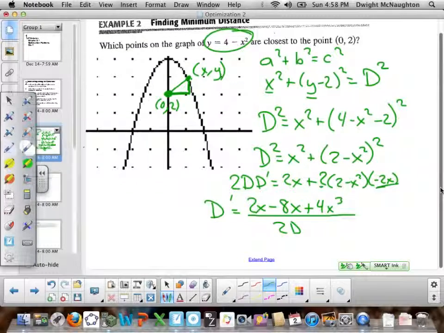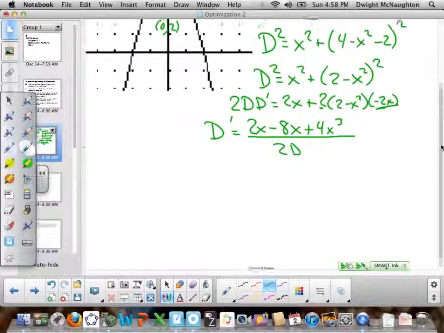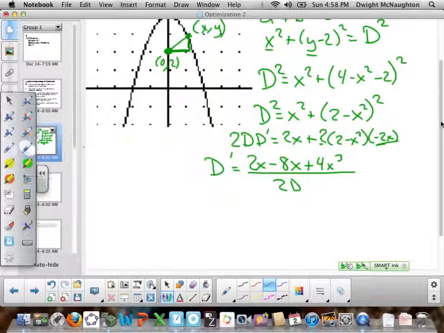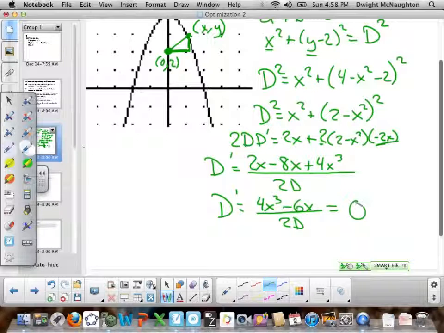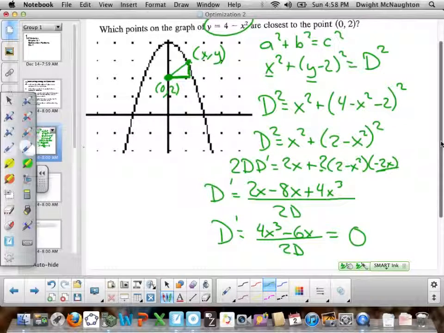Cleaning up a little bit more, we'll combine some like terms. So we got 4x cubed minus 6x over 2D, and we want to set that equal to 0 to see where our critical numbers are. Now, when a fraction's equal to 0, it's what makes the top 0. So our critical number is anything that makes the top 0, anything that makes the bottom 0. The bottom is 2 times the distance.